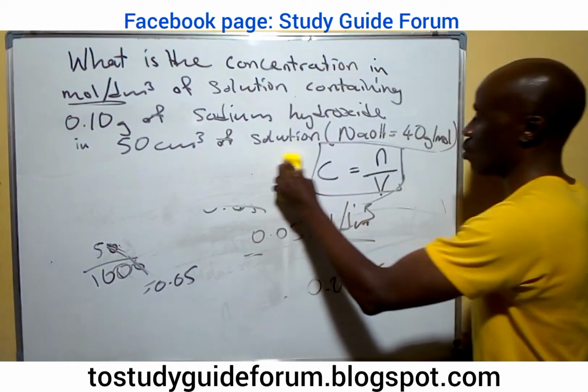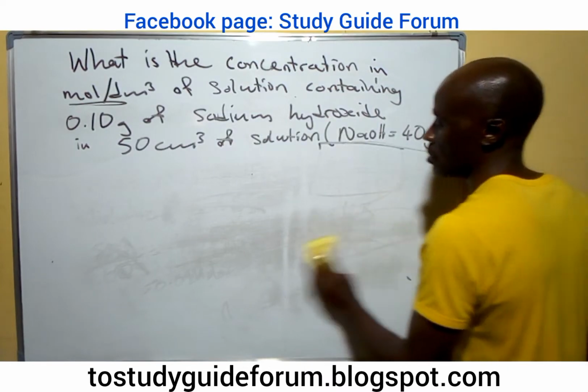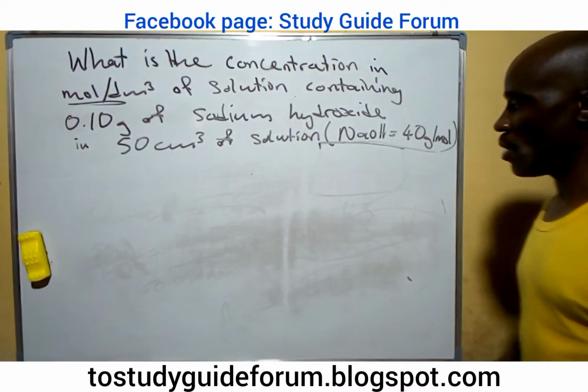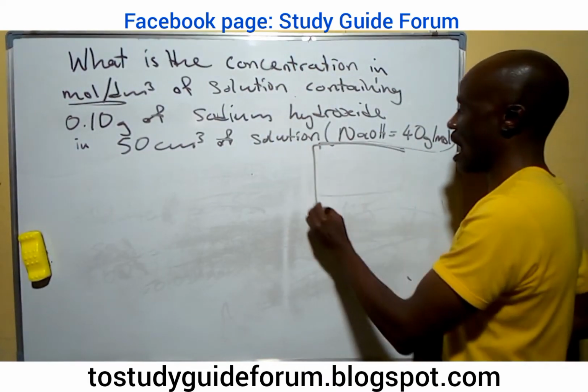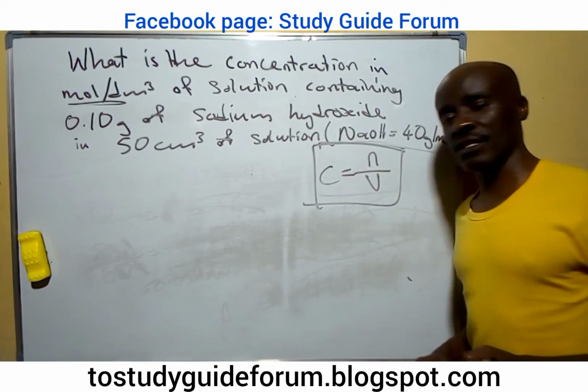Now we can also go another way around. We can also take it in this form. If you don't want to use this formula, but this formula, I strongly recommend this.